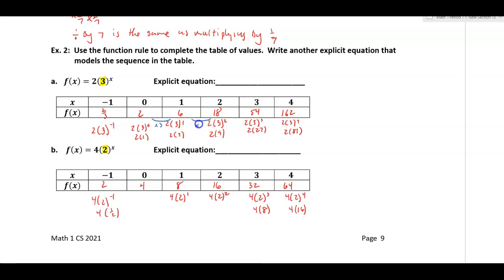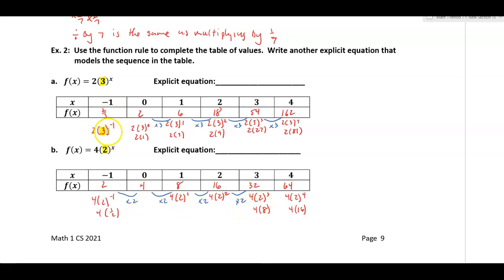I'm basically multiplying by 3 each time to get the next term in the table, or the next y value, is easier to say. Here, I'd multiply by 2 to get the next y value in the table. So the common ratio for this top table is 3, and the common ratio here is 2.